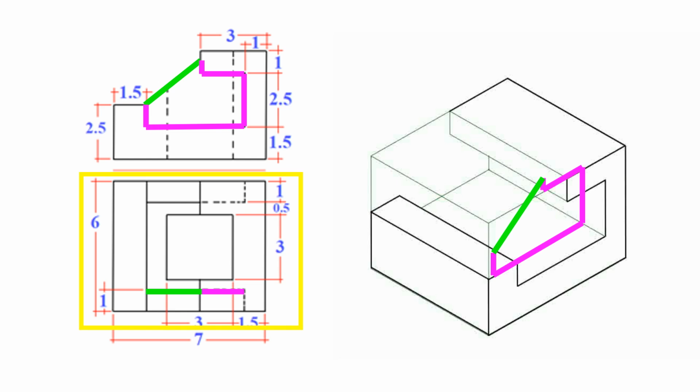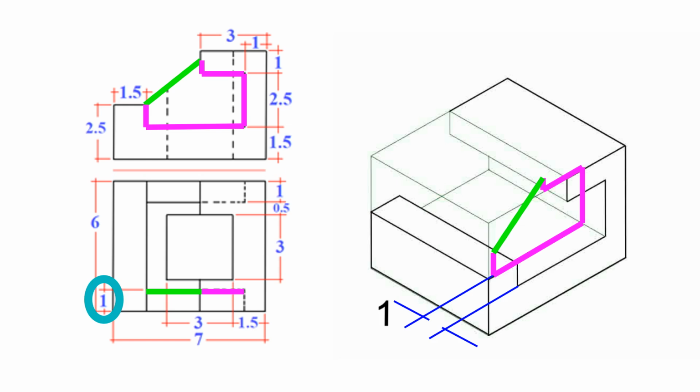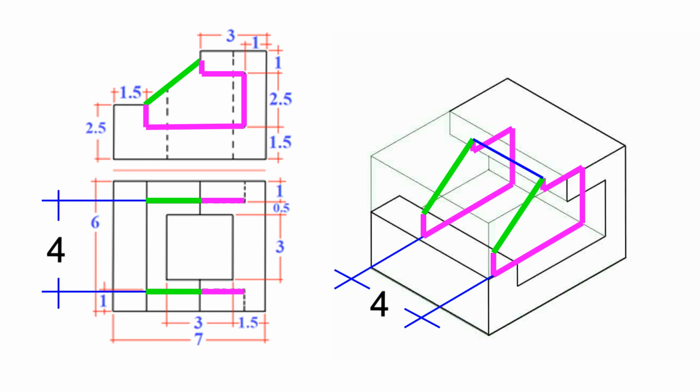In the top view, we see that the plane for feature M starts 1 unit behind feature N. Then it extrudes 4 units deep. So in our isometric drawing, we step back 1 unit from N, then extrude along Y by 4 units.